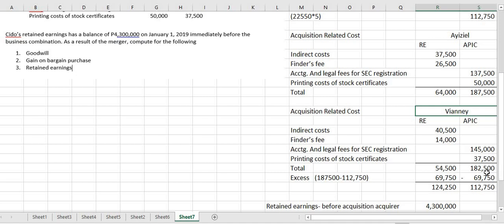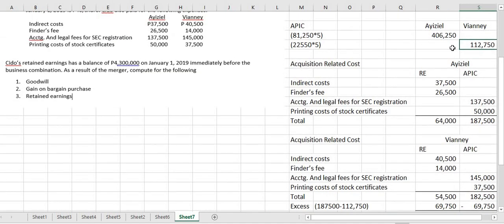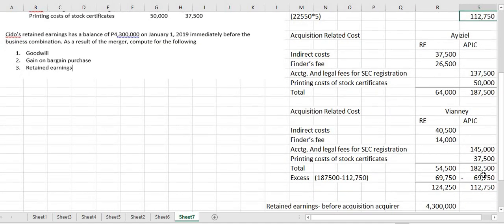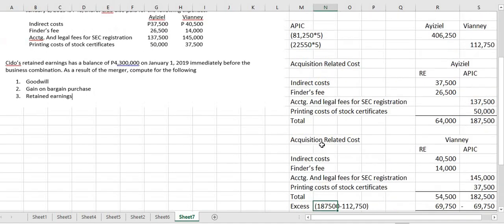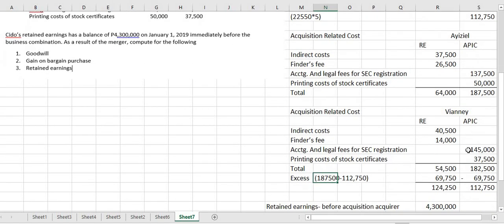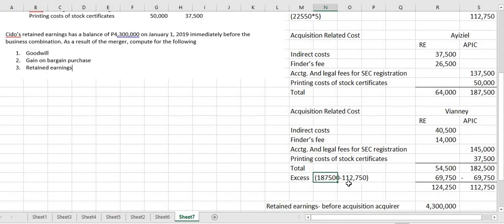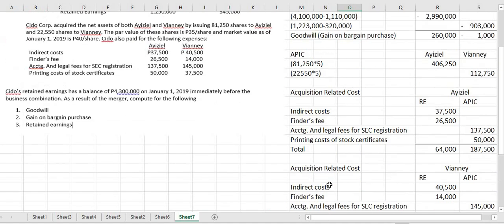It's because 182,500 yung stock transaction cost. Pero yung excess, diba natin is only 112,750. So, ma-over-absorb niyo siya. So, excess na 182,500 less 112,750.